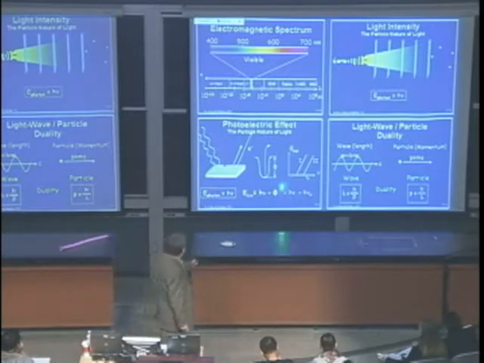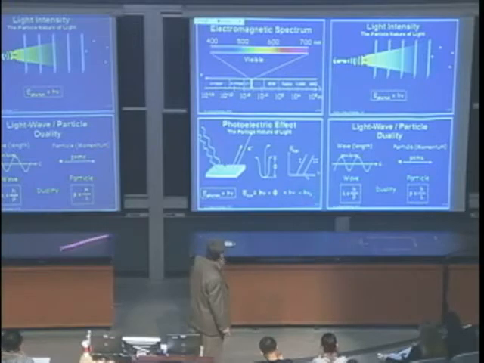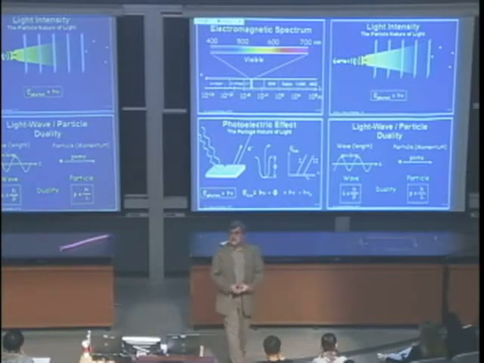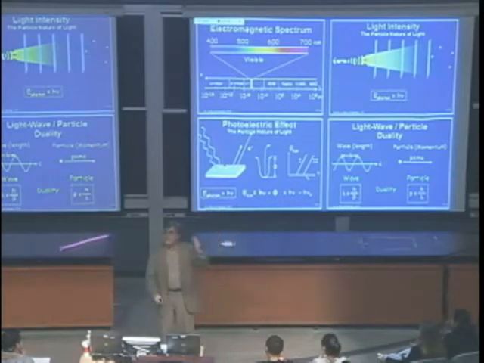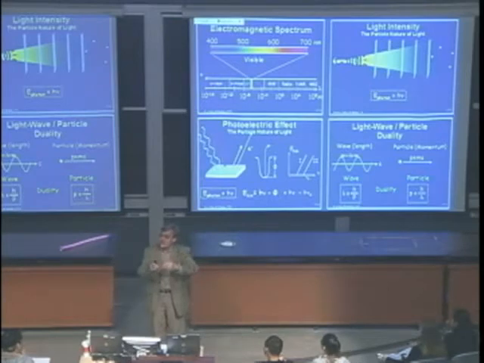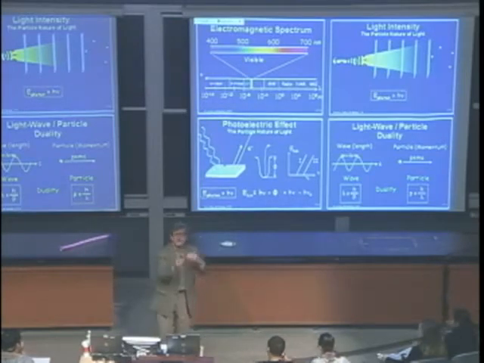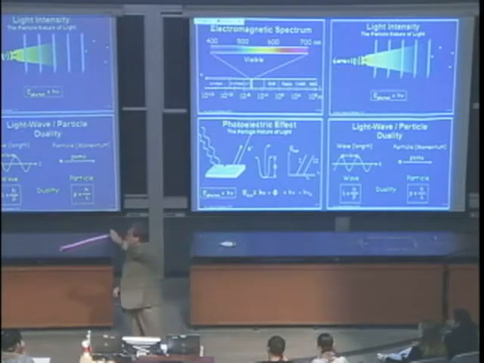So we call this the work function, you have h nu minus h times nu 0. So there is a certain minimal energy that you need to dislodge that electron. And if you have a larger energy than you need to dislodge this electron, the rest of the energy is transferred to that electron as kinetic energy.